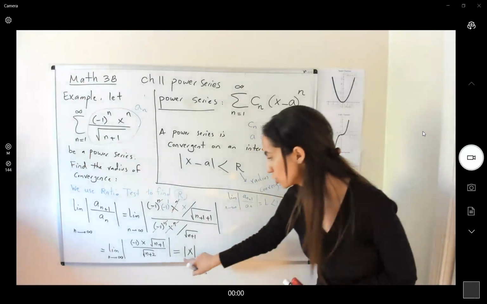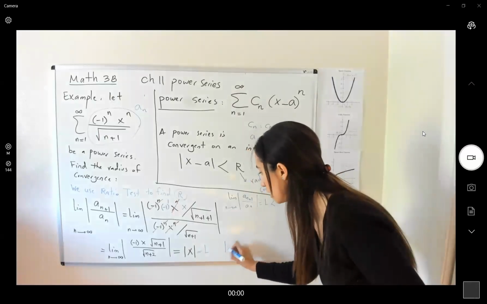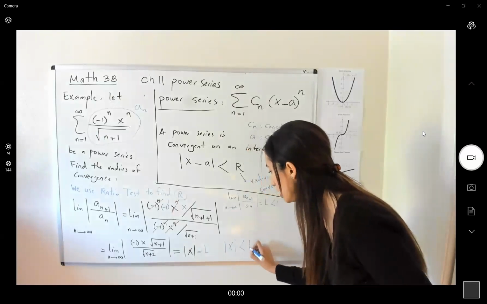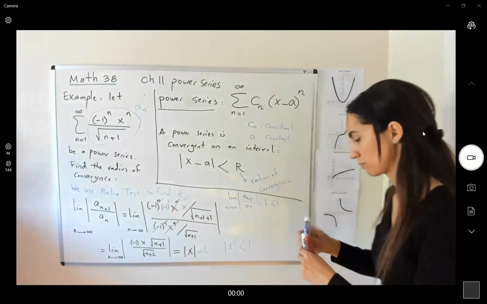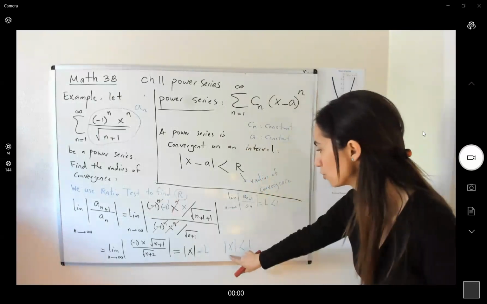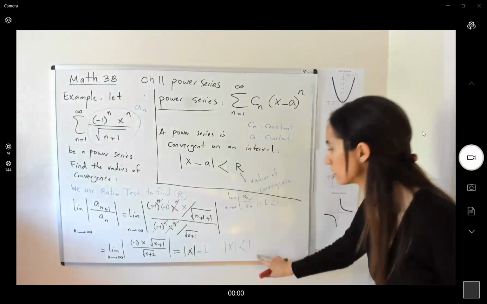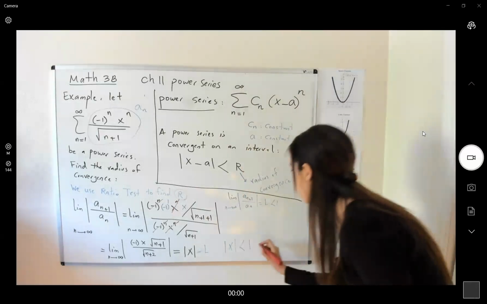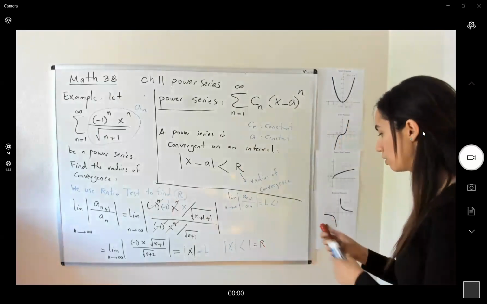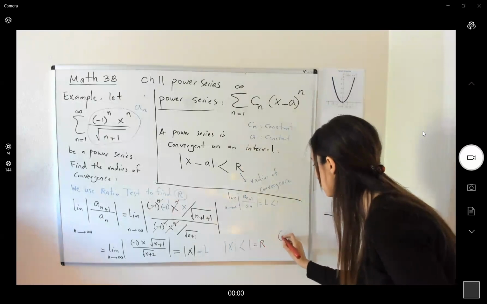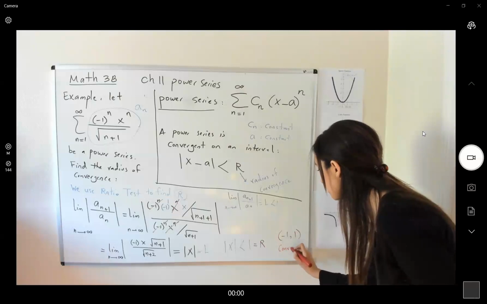Okay, so this is your L. If L is less than 1, then you have an absolutely convergent series. So as you can see, the absolute value of x is less than 1, so the radius of convergence is 1. So on the interval -1 to 1, your series is convergent.